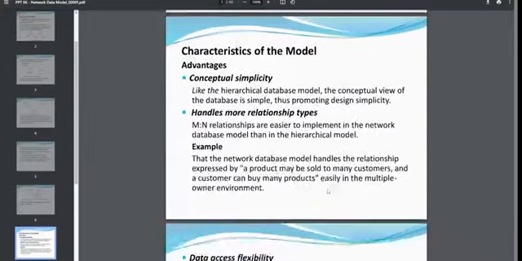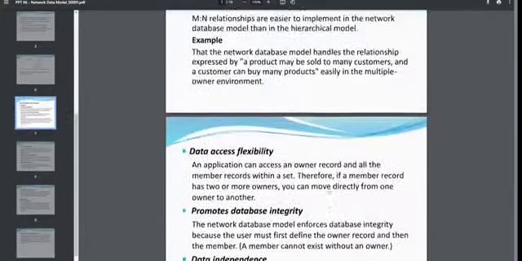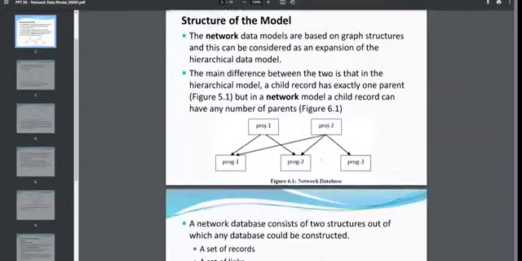Within 2-3 minutes, read and understand how this database model works and what the advantages and disadvantages of these things are.